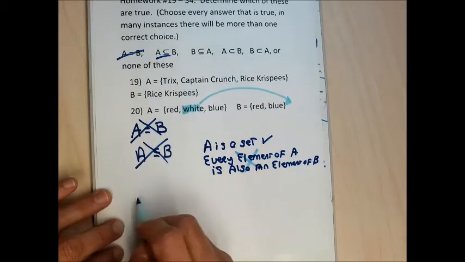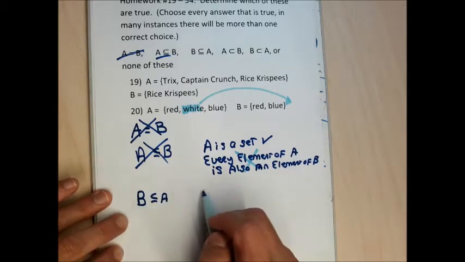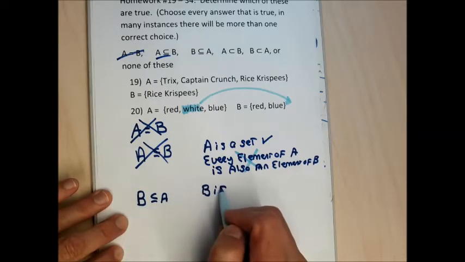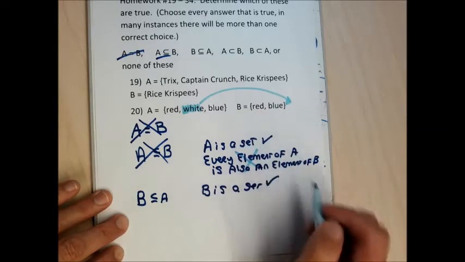Next, is B a subset of A? To be a subset of A, B needs to be a set, and B's a set because of the set braces.